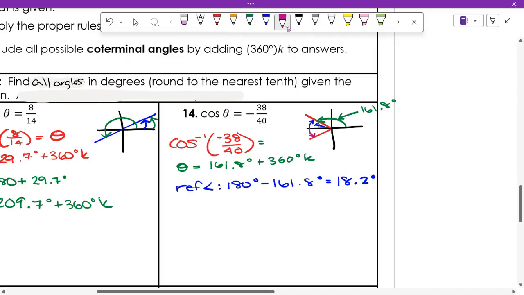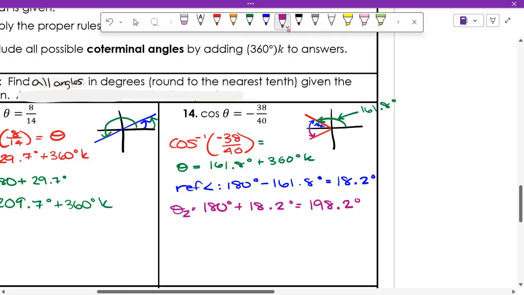So if I go ahead and look at that, if I could call this theta 2, so let's do that, theta 2, then I'm going to go, okay, so that's 180 degrees plus 18.2 degrees. So that is a total of 198.2 degrees.